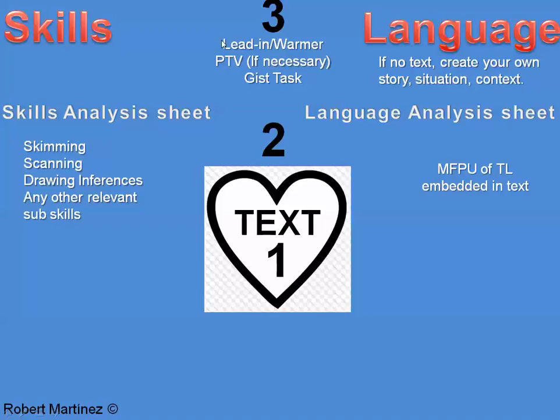So obviously this is the third step, because having already done the skills analysis, if it is a skills lesson, or the language analysis if it is a language lesson, then it means that you now can decide how your warmer is going to be related to the text and make sense and be logical. Now, the warmer doesn't necessarily have to be related to the rest of the lesson, but it does make sense if there is some connection and you help them prepare themselves for the lesson by activating prior knowledge.